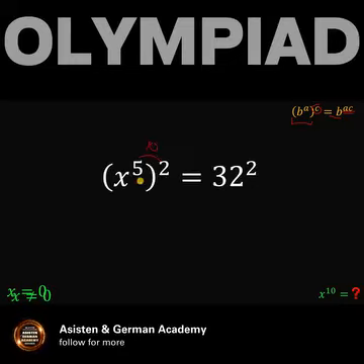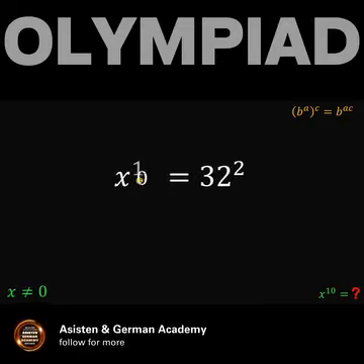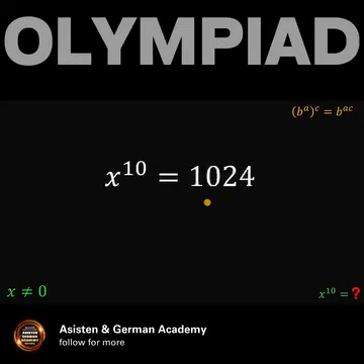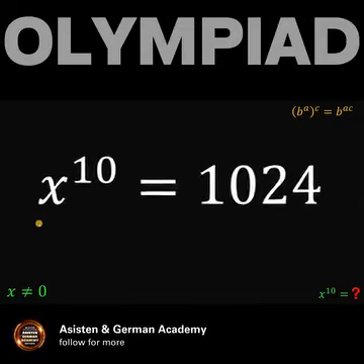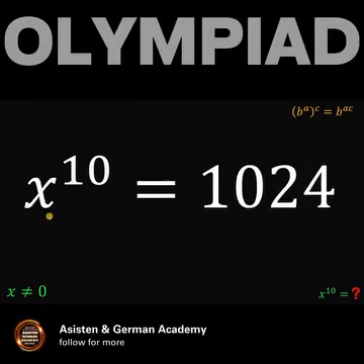So the left-hand side of our equation is just x raised to the power of 10. And so, x raised to the power of 10 must be equal to 32 raised to the power of 2. And when we simplify this, 32 times 32, this will give us 1024.